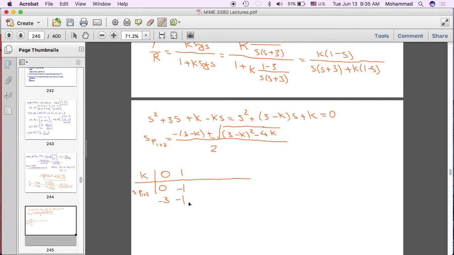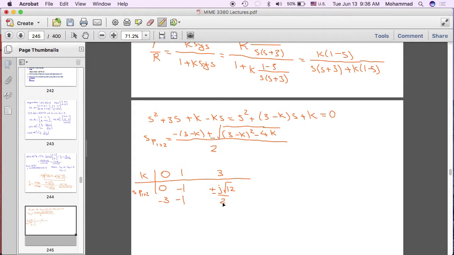If K is exactly equal to 3, this portion, the first parenthesis, goes to 0, which is the real part. So this goes to 0. This portion also goes to 0. So you have square root of minus 12 divided by 2. So you have plus and minus j square root of 12 divided by 2.